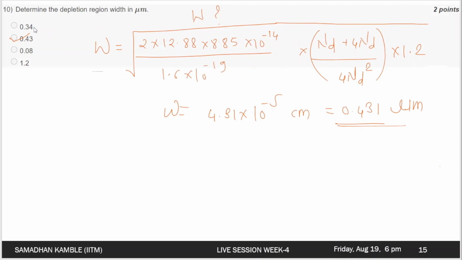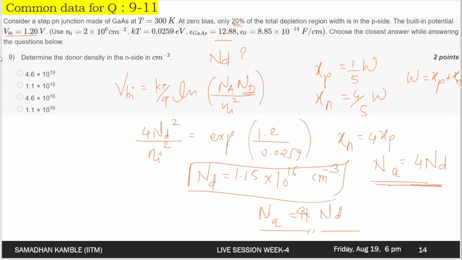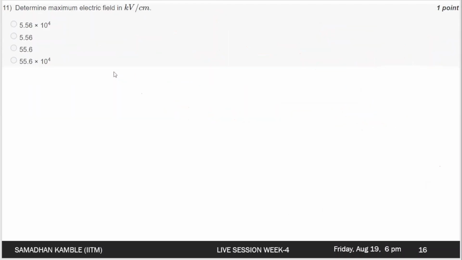Okay, let us go to the last question based on this data, that is question number 11. Question number 11 is as follows: determine the maximum electric field in kilovolt per centimeter.